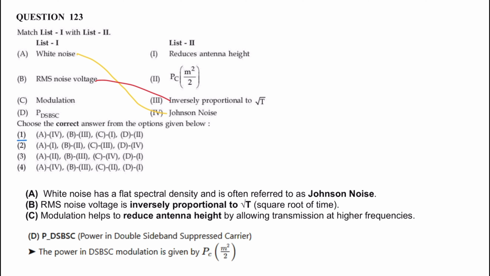The advantage of modulation is to reduce the antenna height. Power in DSB SC, double sideband suppressed carrier modulation, is Pc mu square by 2, where mu is the modulation index. Correct answer is A4, B3, C1, D2. Option 1.